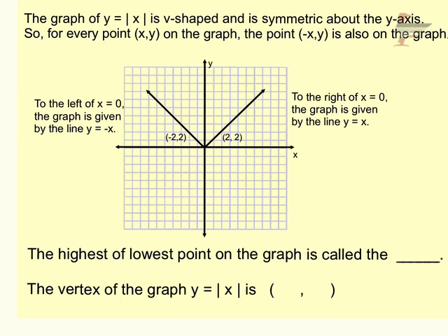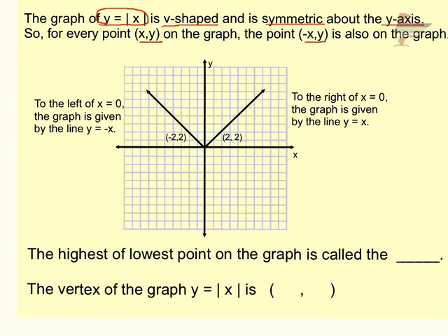Now, the graph of y equals absolute value of x, we already talked about, is V-shaped. And it's always symmetric about the y-axis. So for every point (x, y) on the graph, (-x, y) is also on the graph. Now, if we shift this, it's not necessarily going to be symmetric about the y-axis anymore. For example, if I take this and shift it over here, it's going to be symmetric about whatever line the x-coordinate of the vertex is on, which probably makes sense.